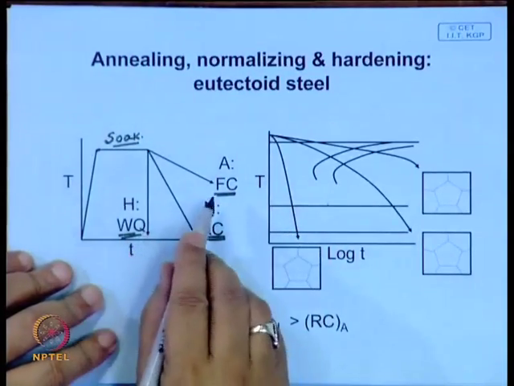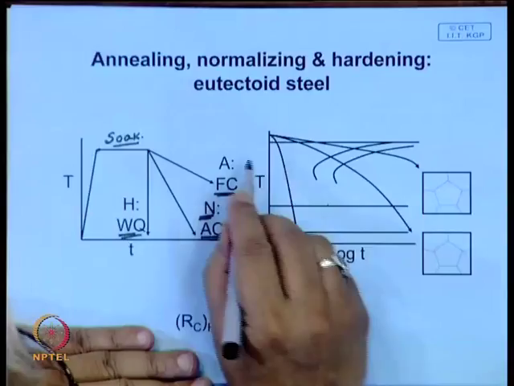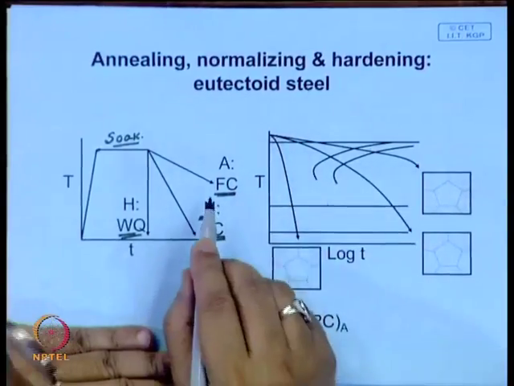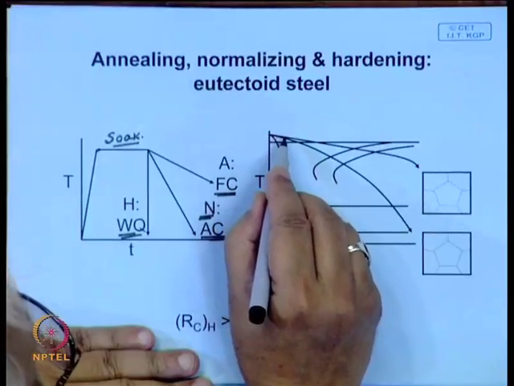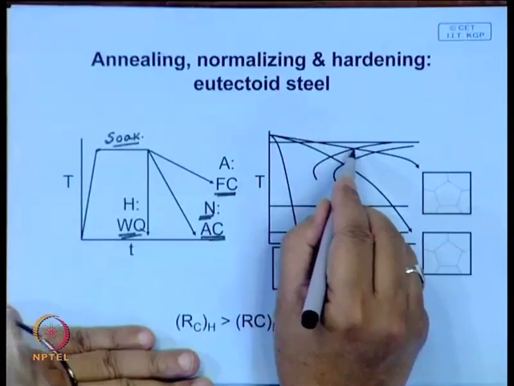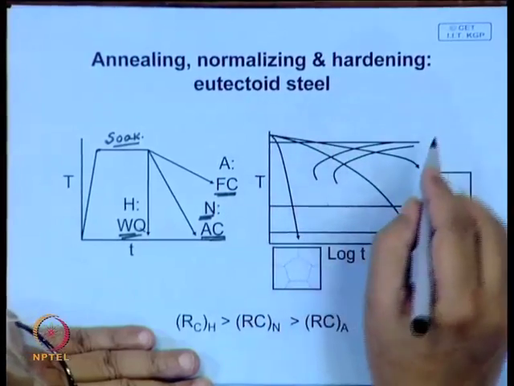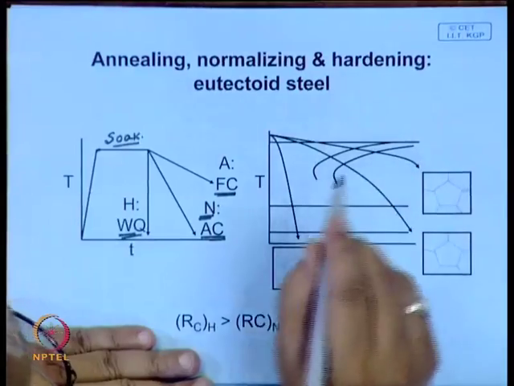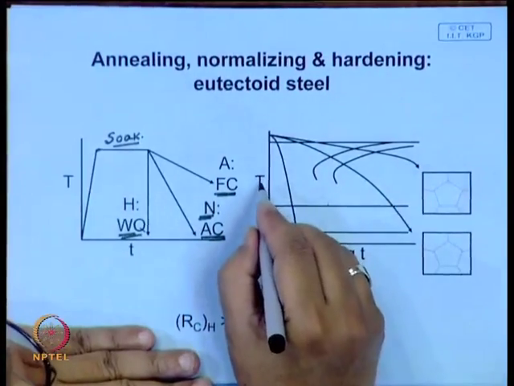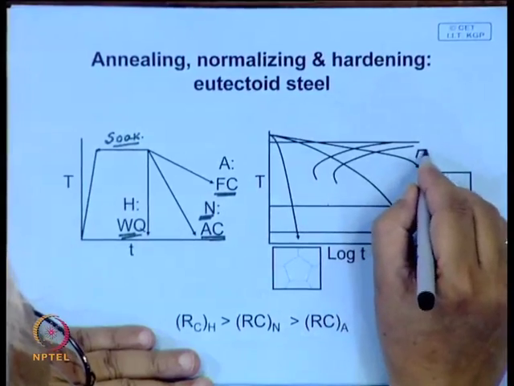and the cooling rate is extremely slow. If you superimpose these cooling rates on the time temperature diagram, then you will be able to follow the nature of the transformation that you expect. Now, this is when you are doing annealing, where the cooling rate is nearly the equilibrium cooling rate, a slow cooling rate, and this is the type of plot that you may get if you plot temperature against log time, and this is furnace cooling.